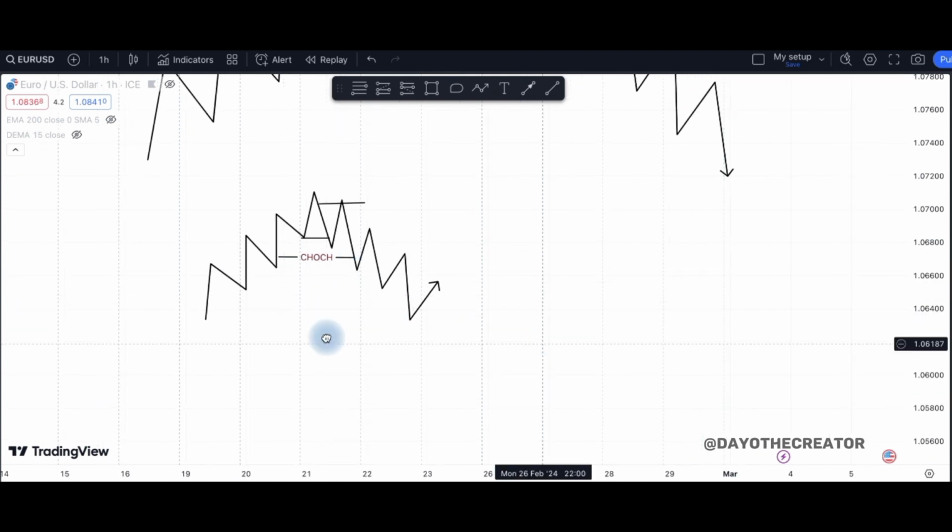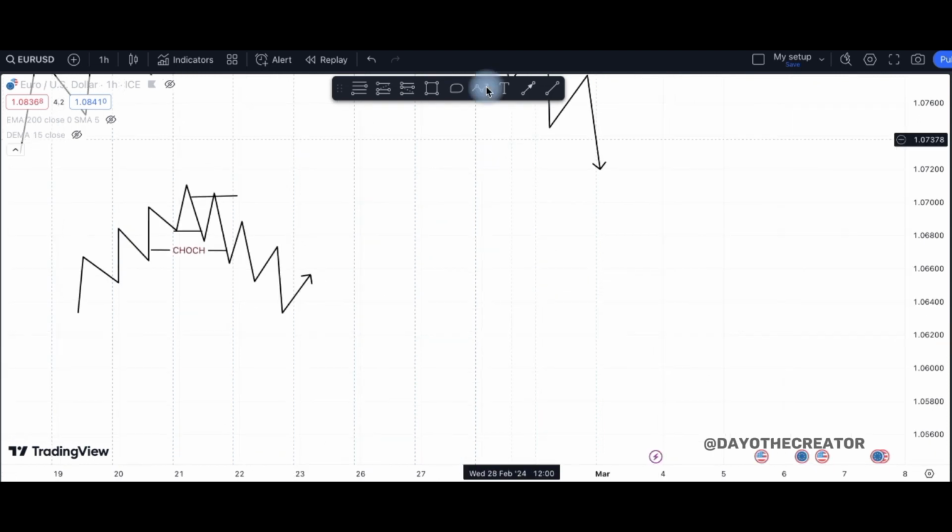Same thing goes for a downtrend and an uptrend.